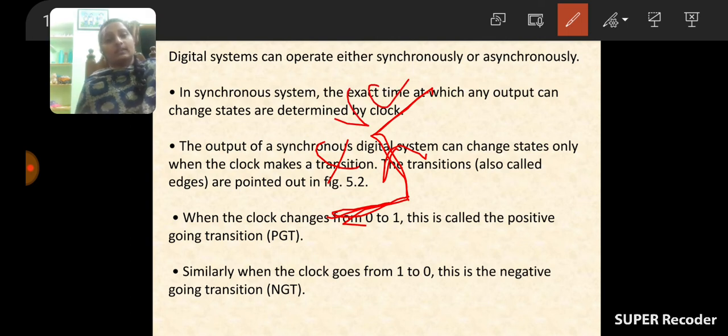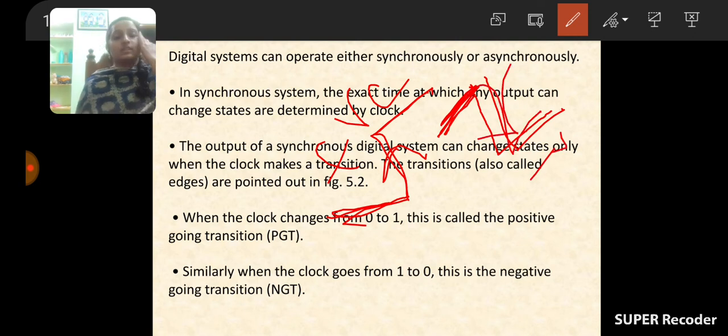If the clock pulse is changed from positive to negative, then this is called negative going transition. What is the name of this? Negative going transition. Is it clear?